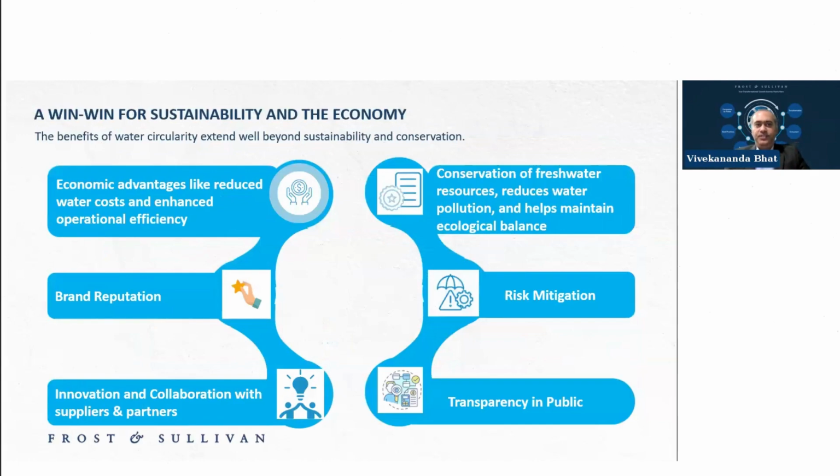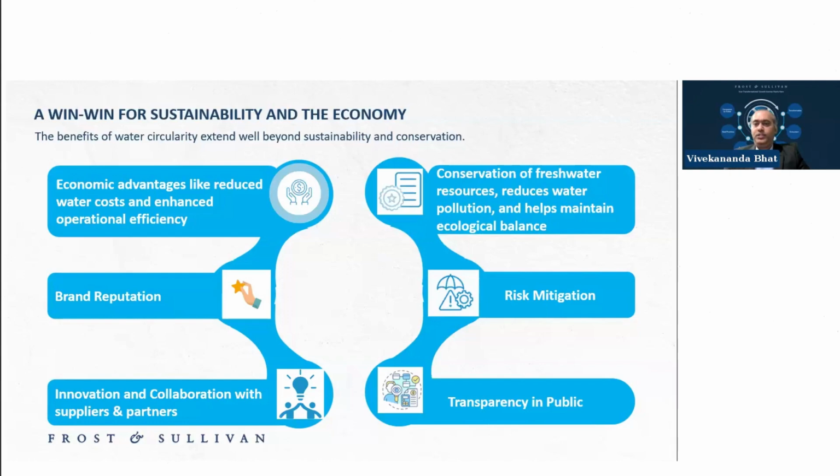Now, definitely, this circularity is a win-win for both sustainability as well as the economy. The key advantages: first of all, the economic advantages, like cost reduction. You can reduce the water cost. You can also enhance the operational efficiency of your processes, and it will also help you in the conservation of fresh water if you are dependent on freshwater resources.